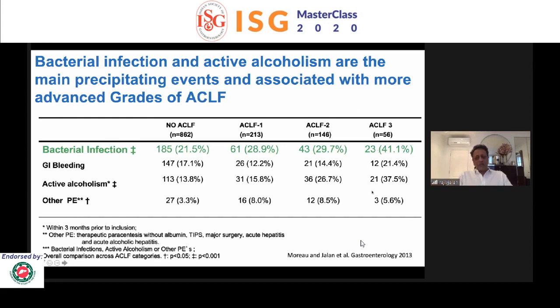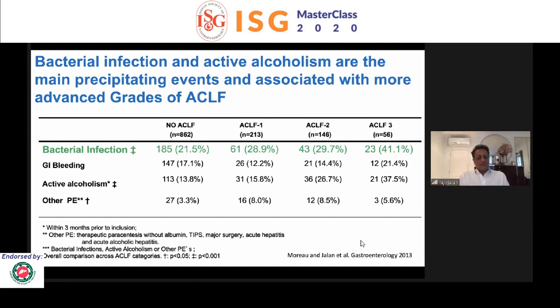And the second most important precipitating event, certainly in the UK, in Europe, in the US, is active alcoholism. So we now think about calling them bona fide precipitating events, with all the other precipitating events being peripheral.